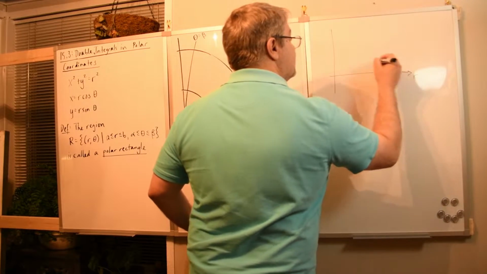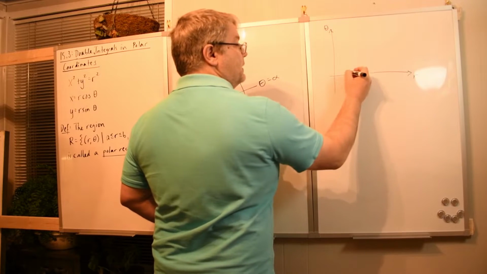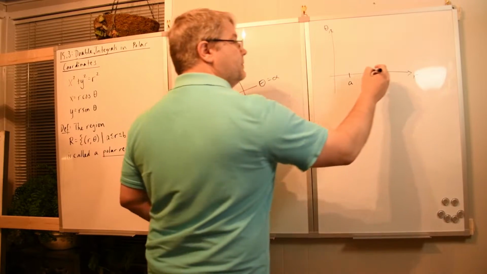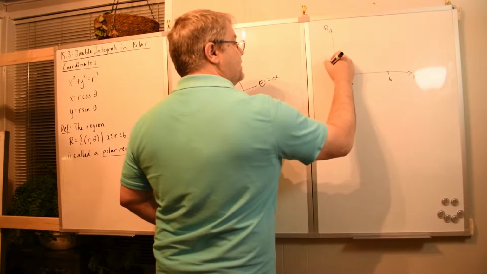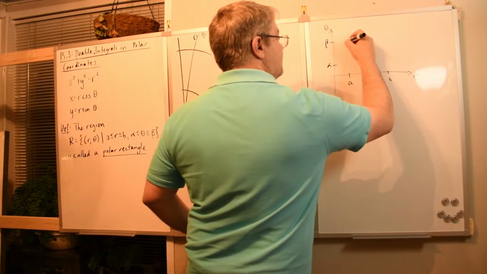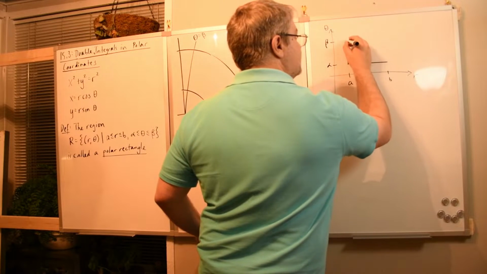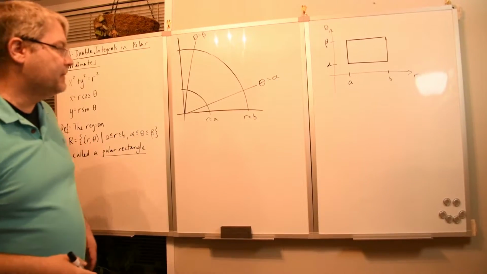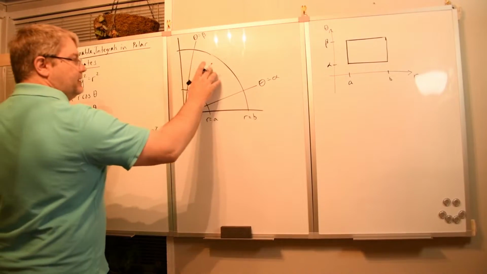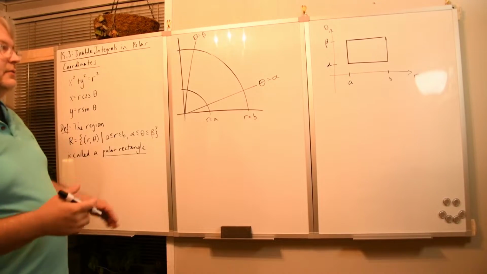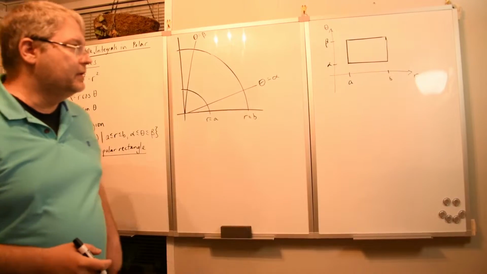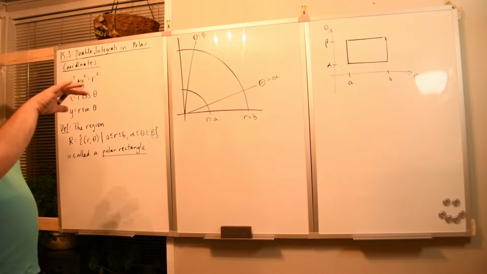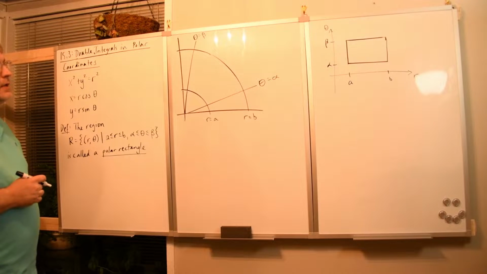Say this is an r and this is a theta, then you could have r ranging from a to b, you have theta ranging from alpha to beta, and then what you would have from this perspective would actually look like a rectangle. So, although it doesn't really look like a rectangle in the traditional sense here, we could do a transformation and produce this rectangular form that we see with an r-axis and a theta axis.